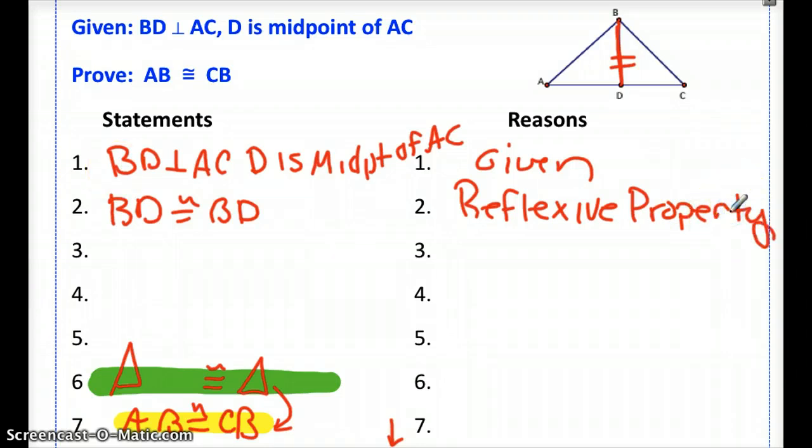And I do need to have a congruent symbol because we're talking about triangle congruency, and I need 3 congruent parts. All right, so I'm reading my givens. I haven't done that yet. BD is perpendicular to AC. So BD perpendicular to AC, when you think of perpendicular, you put those markings right there.